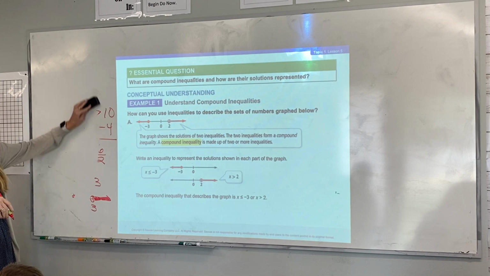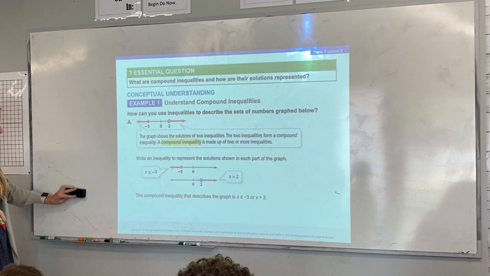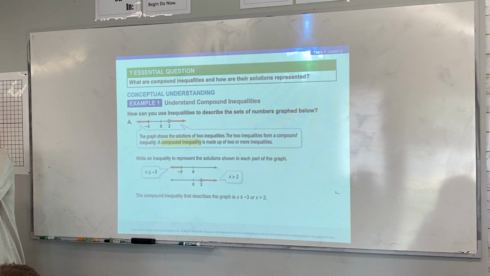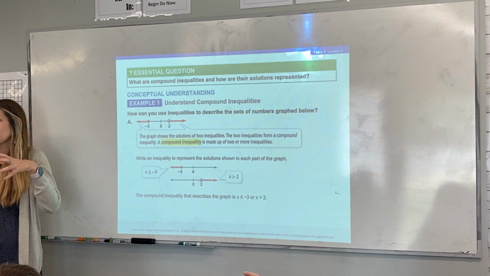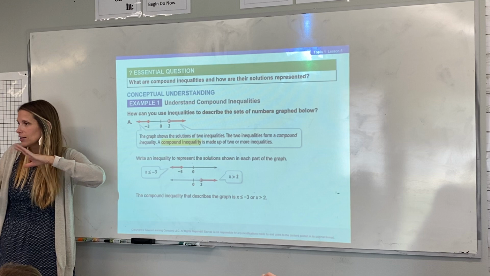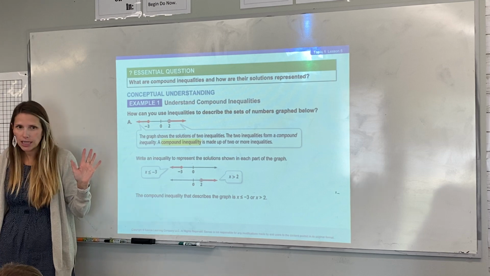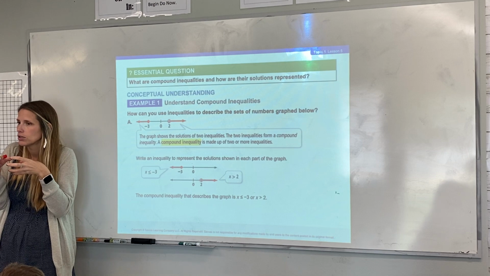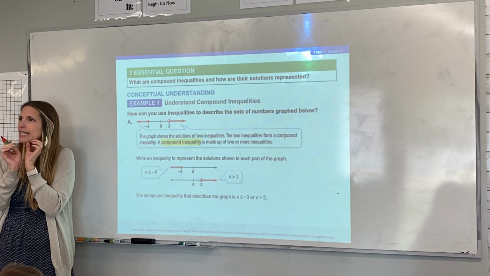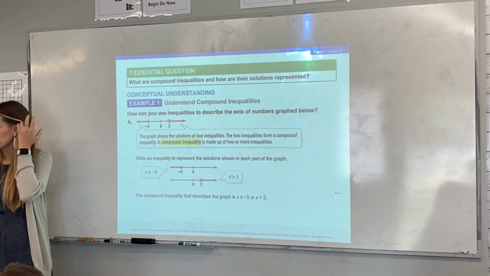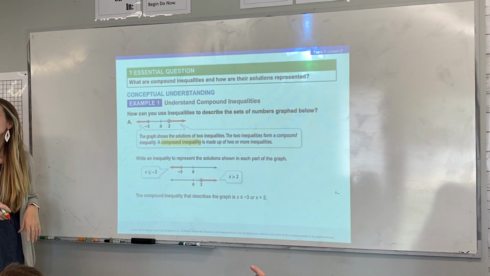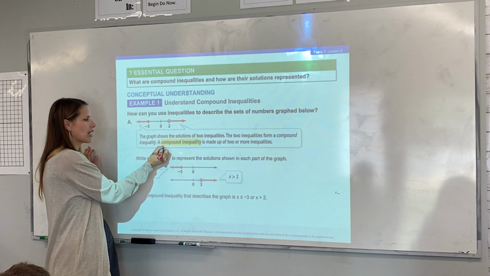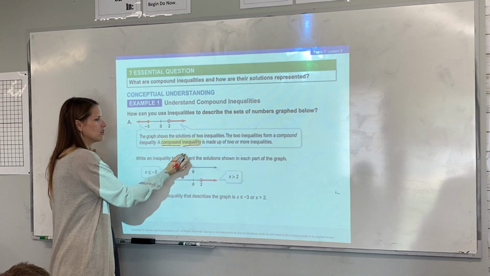Now we're going to work with compound inequalities, which means two or more inequalities that work together. They're still just inequalities, but we're going to bring them together to make a compound inequality. Does that sound like fun? Yes, Mrs. Legg. Very good. This was a vocabulary word. It's highlighted in yellow, so it should be written down.